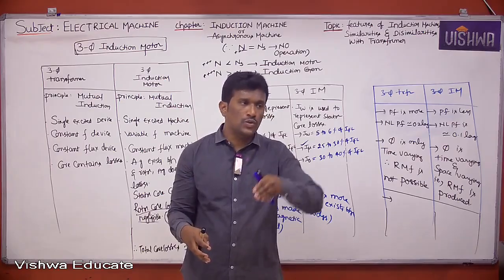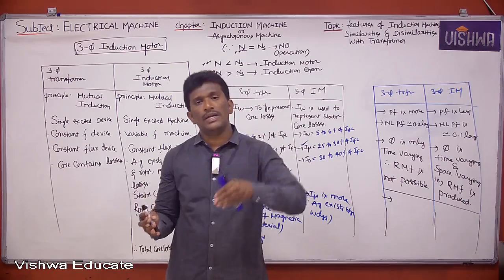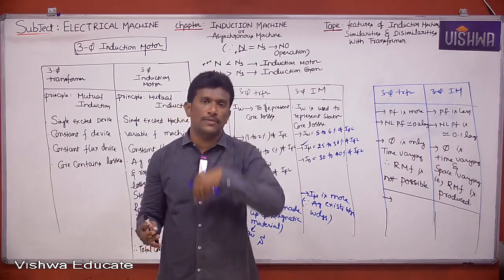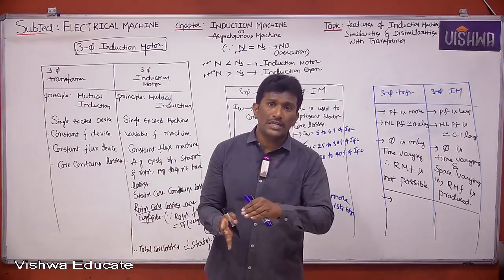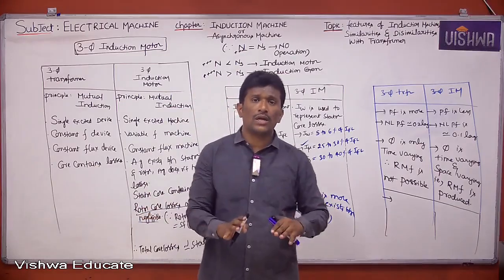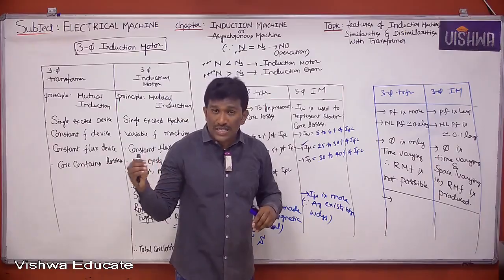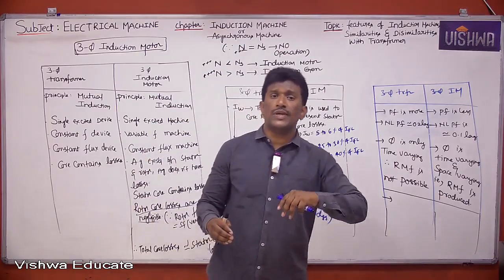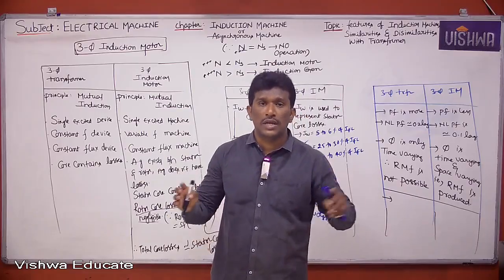Once again, from the flux, an EMF will be induced in the secondary winding. So a transformer is an energy conversion device internally because electrical energy is converted into magnetic energy, and magnetic energy is converted once again into electrical energy. But externally, we cannot call a transformer an energy conversion device because input is electrical as well as output is also electrical. Transformer is not an energy conversion device externally.